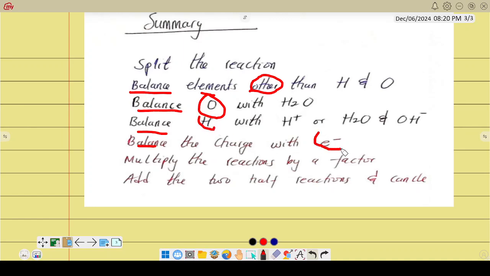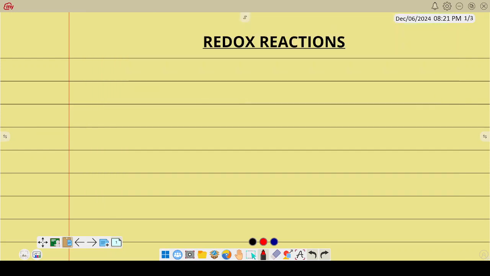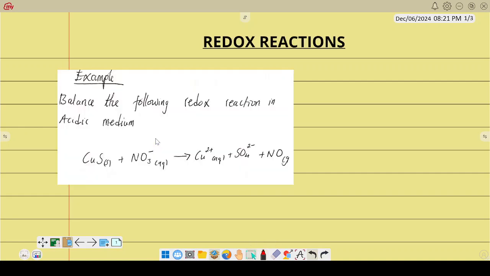After hydrogen, you balance the charge using electrons. Yeah, so these are things you should have on your fingertips. Try to understand as much as you can. Yeah, so now straight away let's go to an example. Okay, so our first example is how we balance in acidic medium.